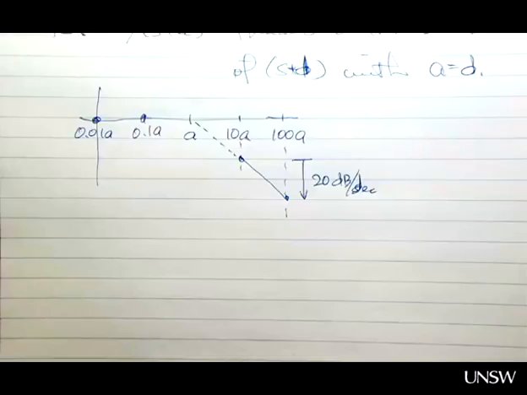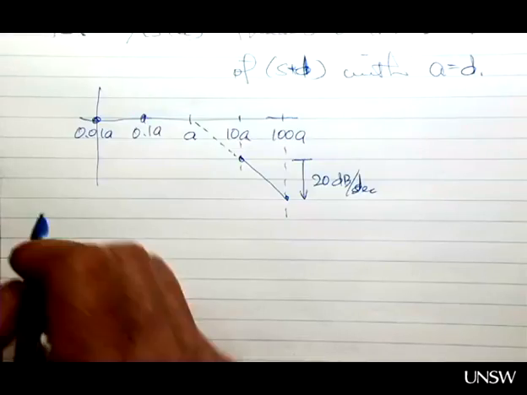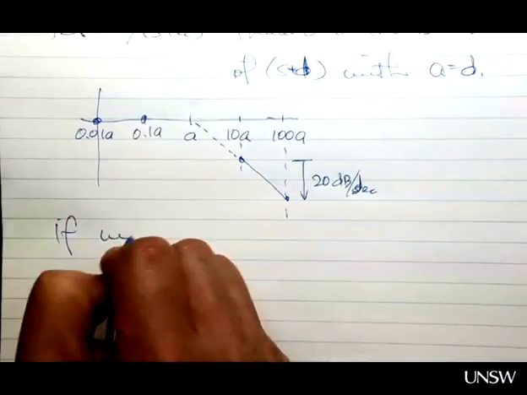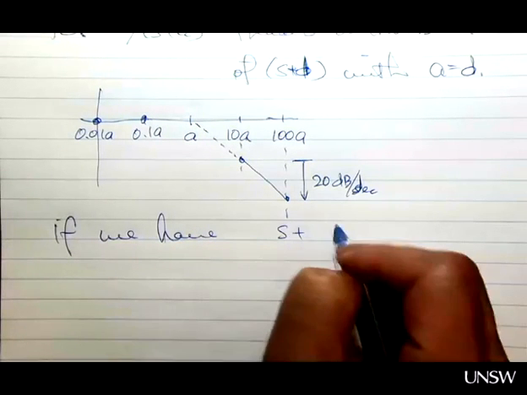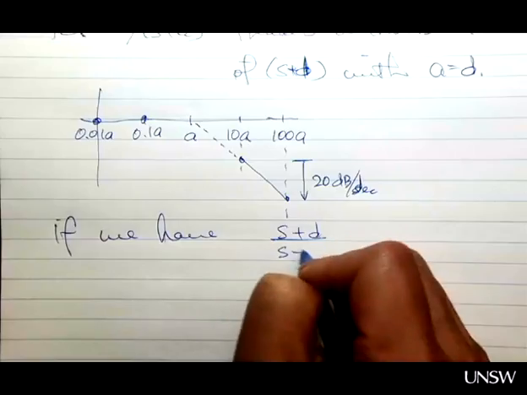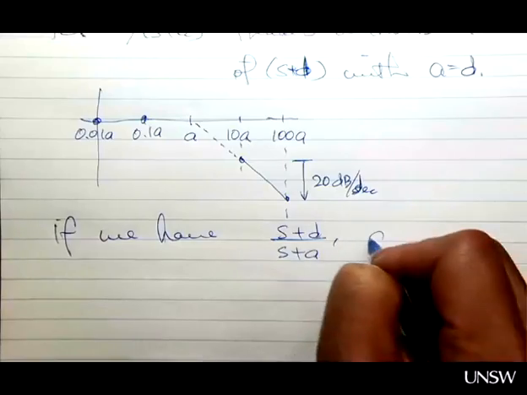So if we have this case, s plus d and s plus a, in this case if they are not equal, what happens then?